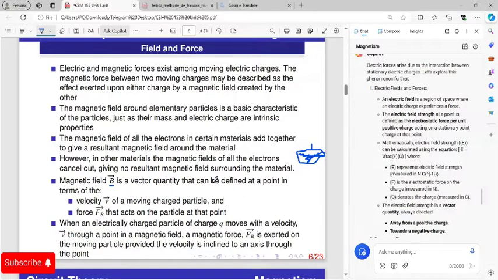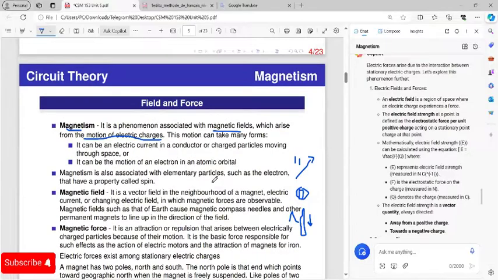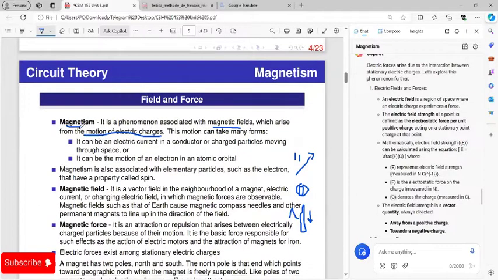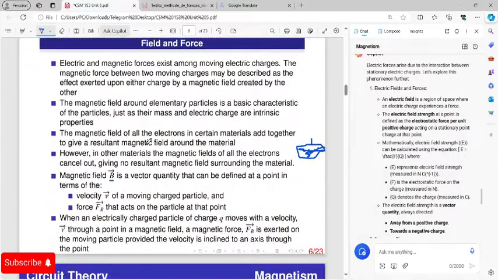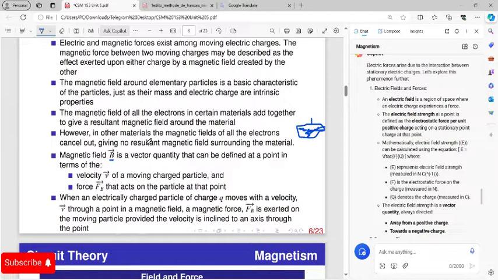So from this slide, I told you that we define magnetism as a phenomenon associated with magnetic fields which arise from the motion of electric charges. I told you that vectors are a resultant of magnitude times the velocity or the displacement.